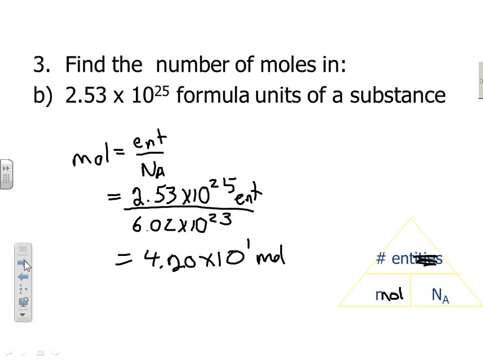Some calculators that weren't set for scientific notation would have this moved over 1. You probably have 42 moles. This calculator was set for scientific notation. That's fine. I know what that means. And 42, I know what that means as well. Either way, doesn't matter. It's just that when we were playing with the settings before you borrowed it, it changed.